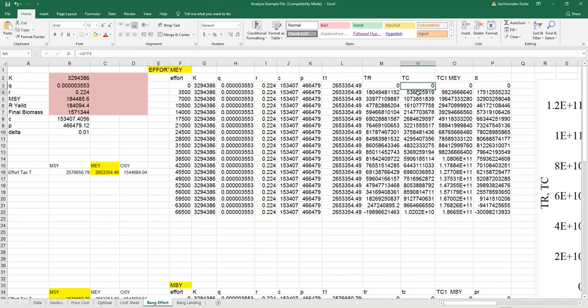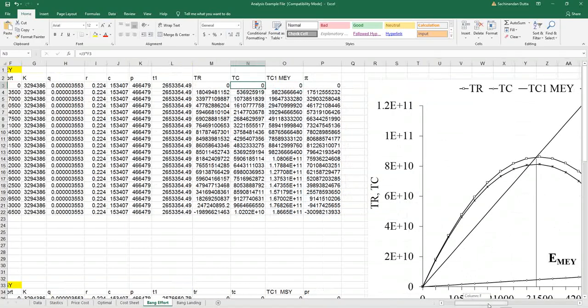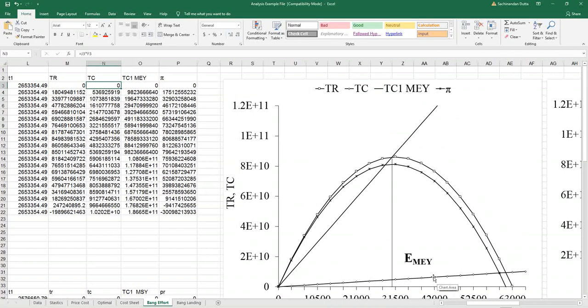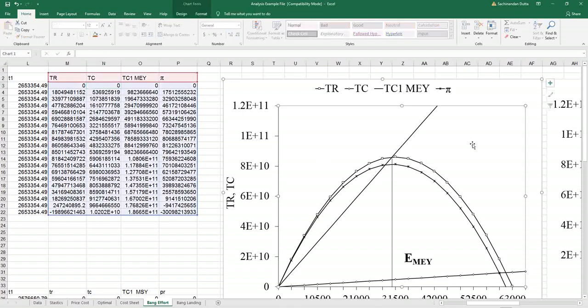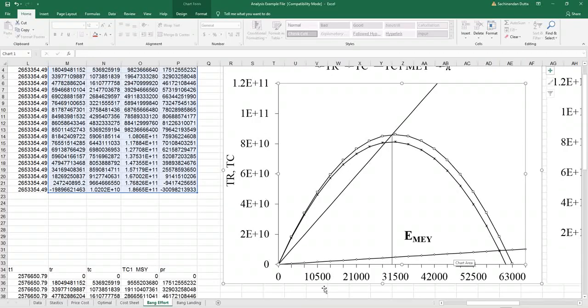Give your calculation in the equation, scroll down, you will get your result, and then plot these things: TR, TC, TC1 of MEY, and pi. The x-axis is effort, and the y-axis is TR and TC, the money, real or dollar or whatever it is.